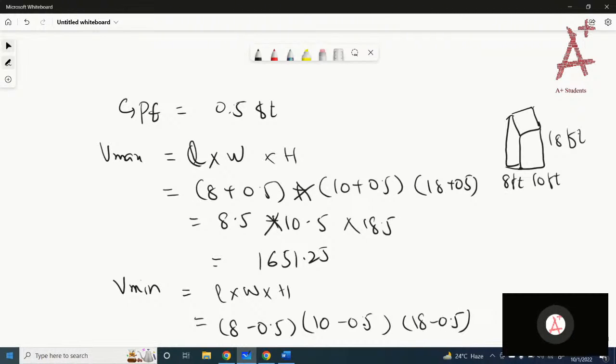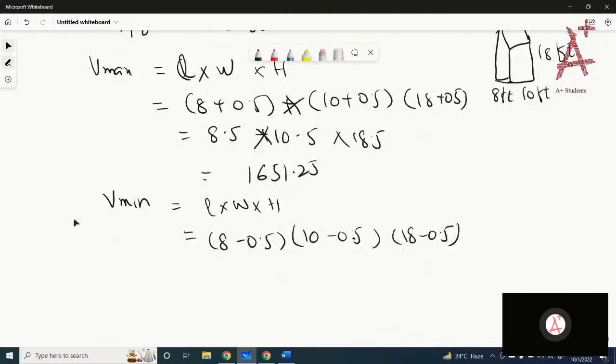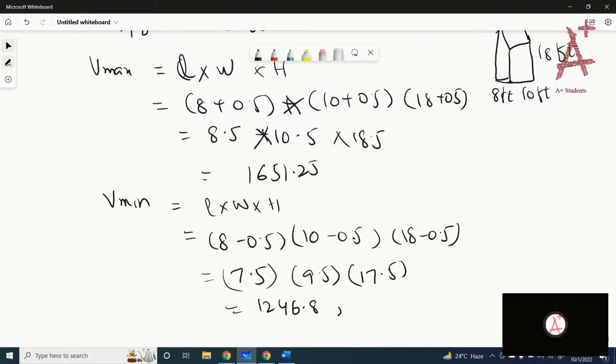So when you subtract them, 8 minus 0.5 is 7.5, 10 minus 0.5 is 9.5, and 18 minus 0.5 is 17.5. Just multiply all the values. So 7.5 times 9.5 times 17.5, it is 1246.875. Got it?